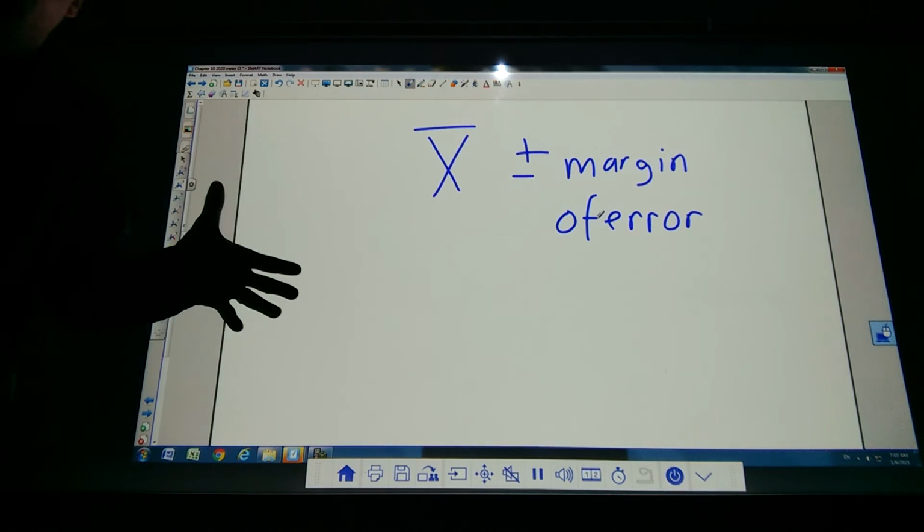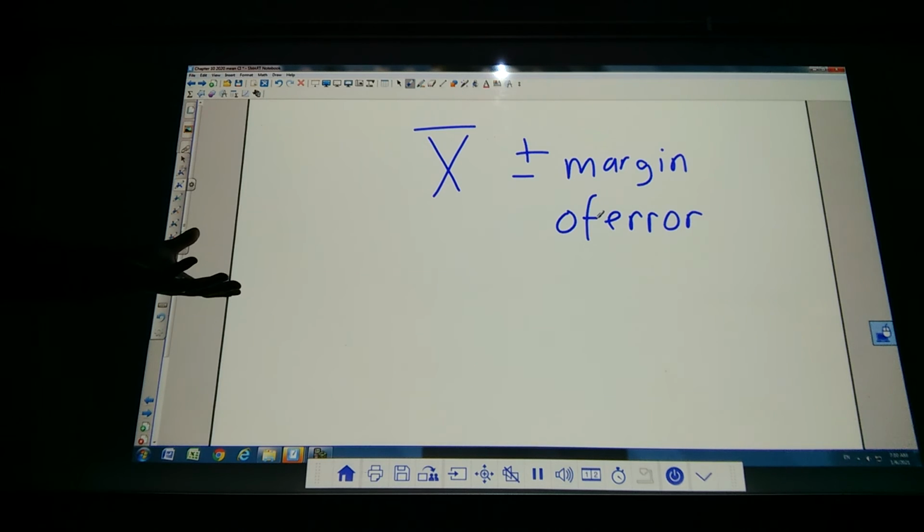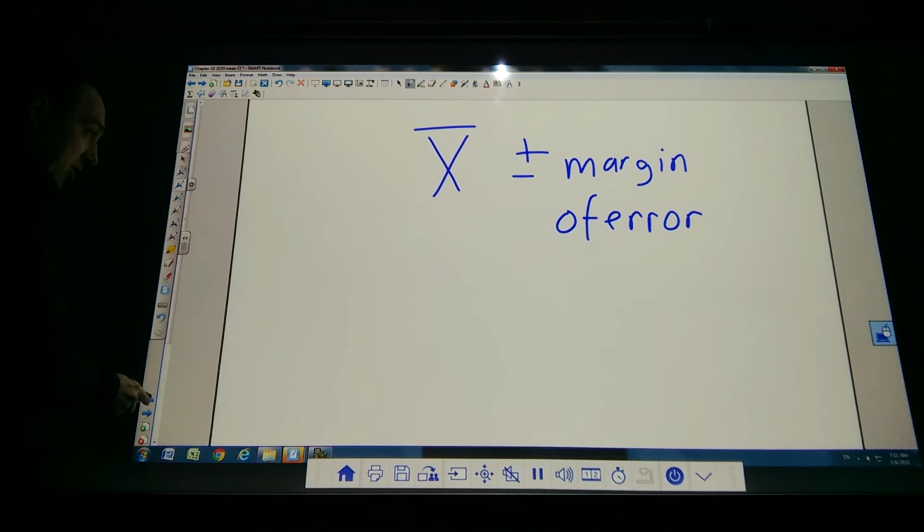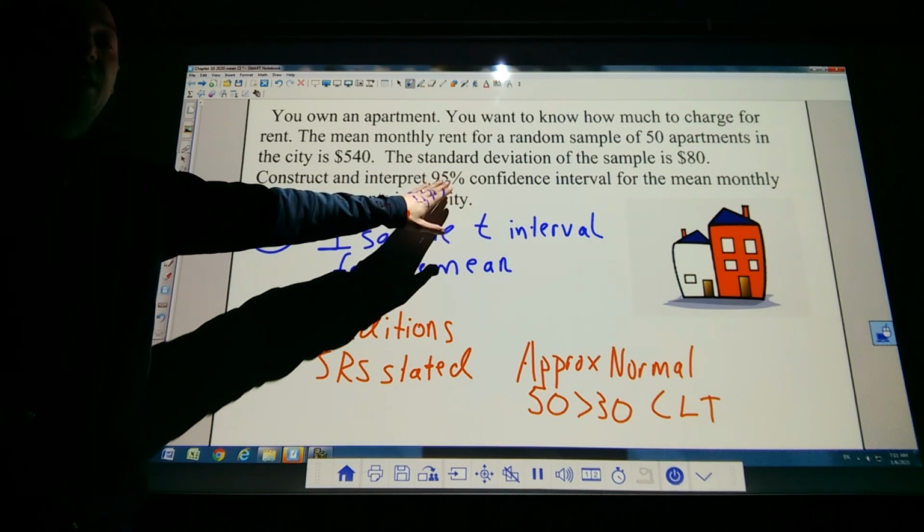It's going to give it some room to say, we know it's not exactly 540. We think it's close. So we're going to calculate this margin of error. And it's not essential that you know what that margin of error is.